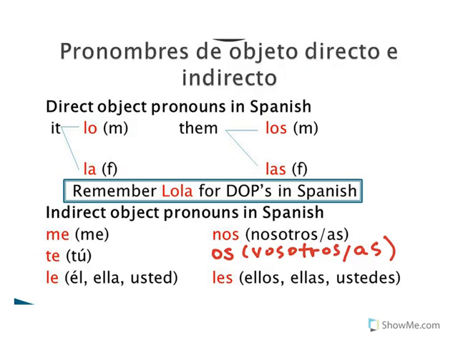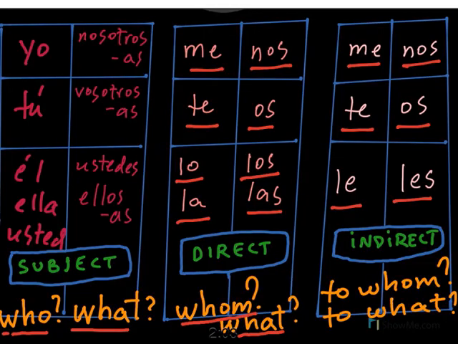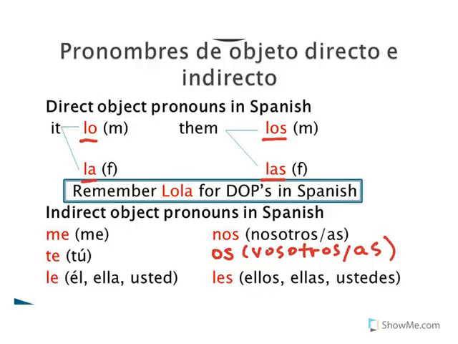Next one, you have here the direct and indirect object together. Oh, you see something. Lo and la, los and las. That is the only thing that actually separates them. Everything else is actually the same. So look, pay attention to these ones, because these ones are different. So this is a way to memorize them. Hopefully it will be working for you. If not, there are other ways to memorize them.